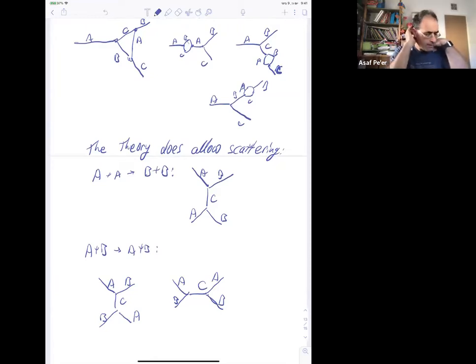Since you're a bit quiet, I'm not sure that you all follow what I'm saying. Before I even start to put the Feynman rules, I told you that the Feynman rules are specific for a specific model. Each model or each theory is going to end up with slightly different rules.